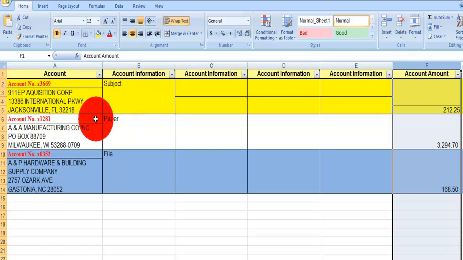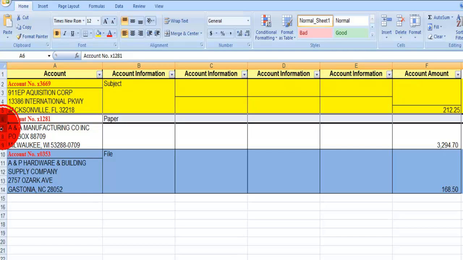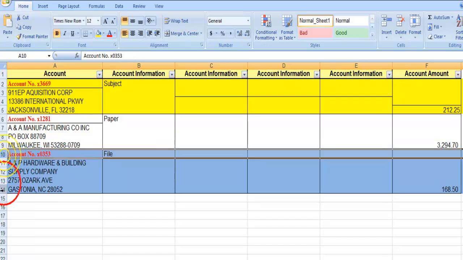Account number 1 has 4 rows of account information from row 2 to row 5. Account number 2 also has 4 rows of account information from row 6 to row 9. Account number 3, however, has 5 rows of account information from row 10 to row 14.